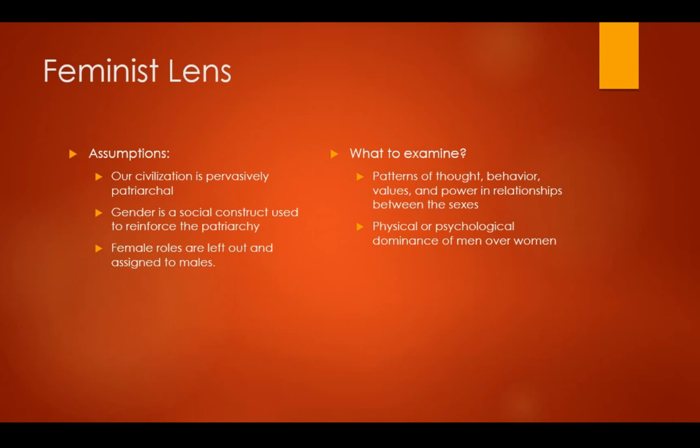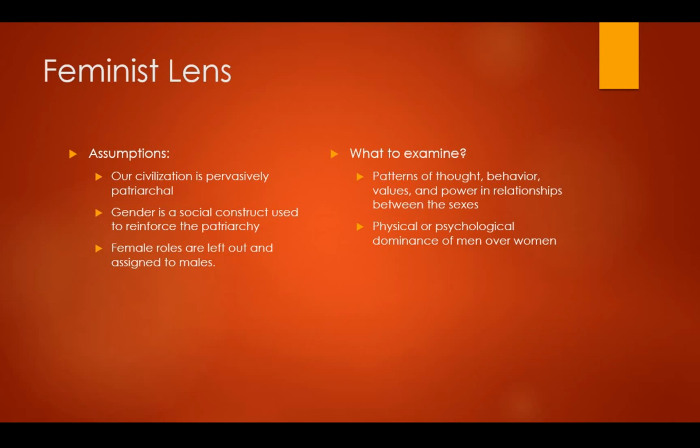So I'm going to go back to using the example of the Hunger Games. If I want to apply the feminist lens to that book, I need to look at the thought, behavior, values, and power in certain relationships between the sexes.